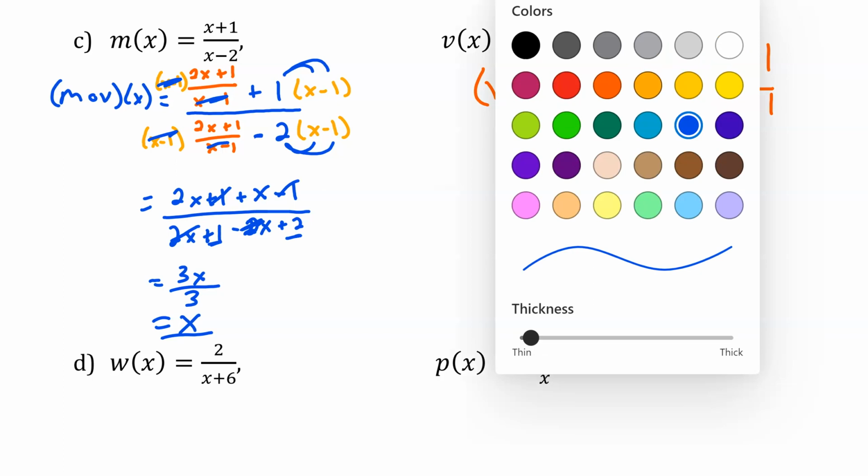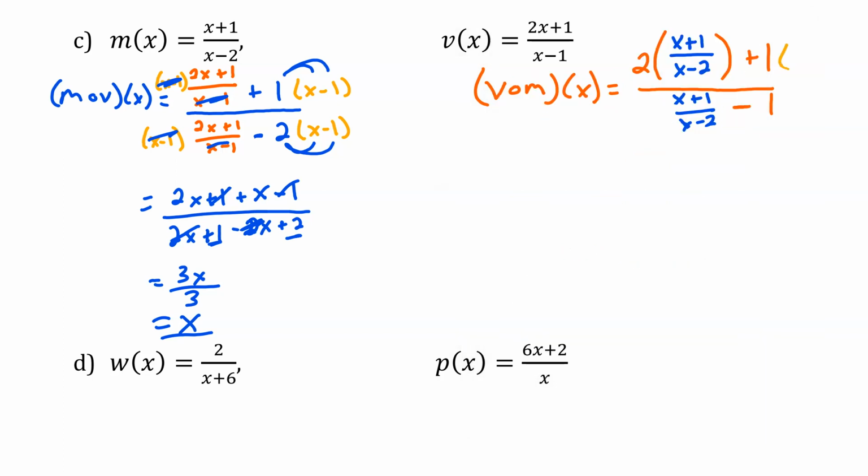Now again, I'm going to multiply each term by this x minus 2. So I'm going to multiply both of these, this plus 1 and this negative 1. I'm also going to multiply this term by it and this term by the x minus 2.